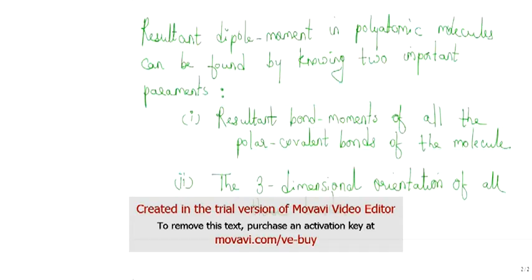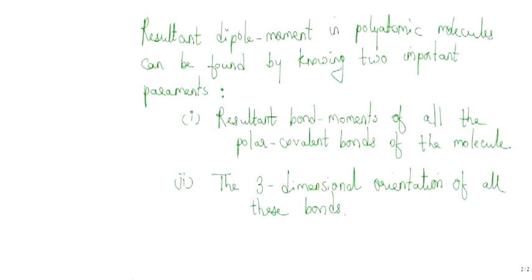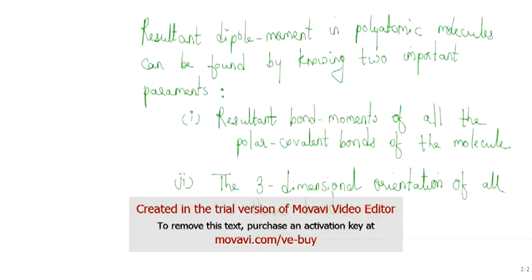Why? Because the second parameter is very important. The reason being, dipole moment is a vector quantity, and directions have to be considered for knowing the values of dipole moment. There are some very interesting examples of polyatomic molecules in which you find polar covalent bonds.